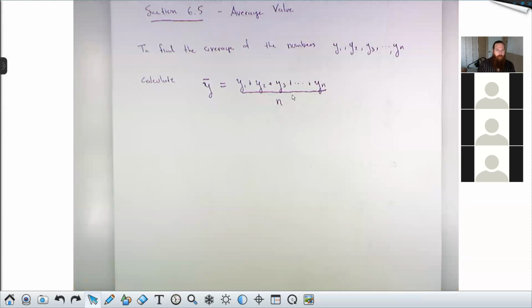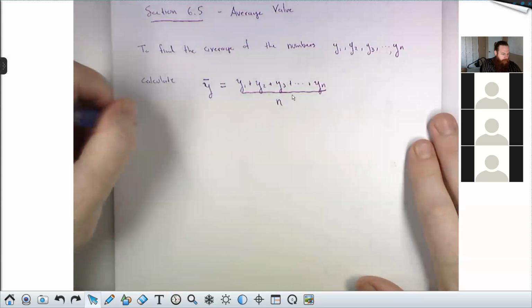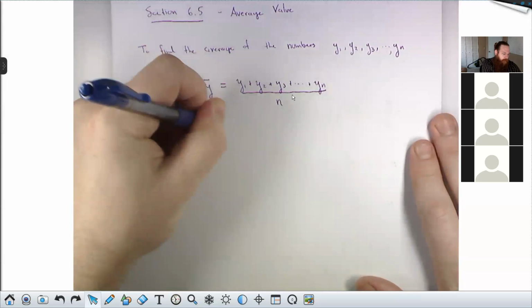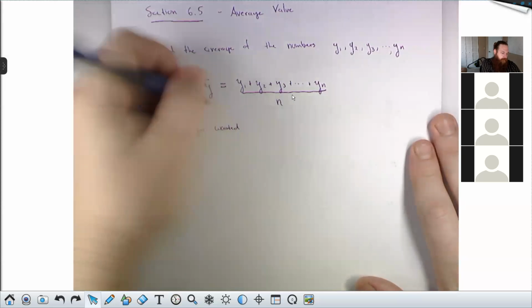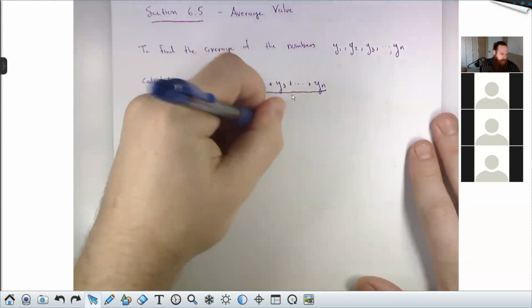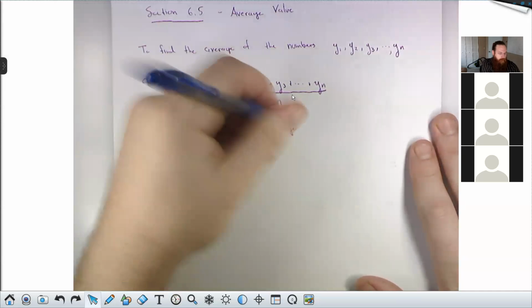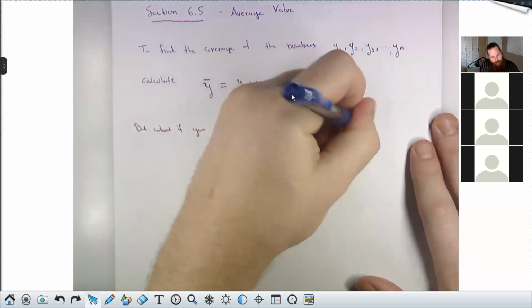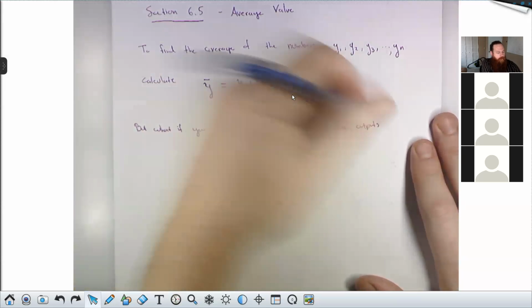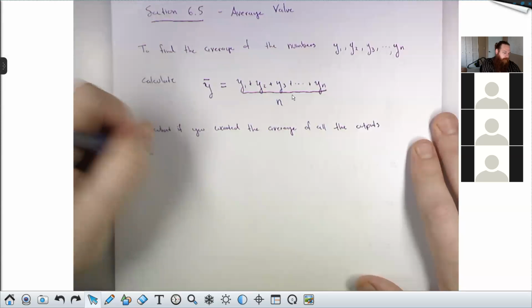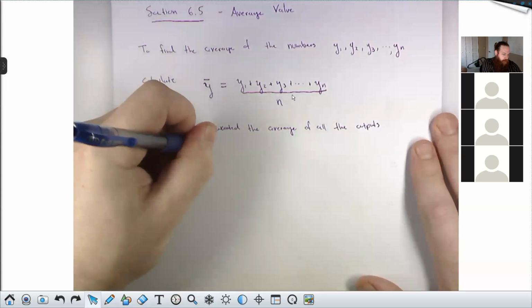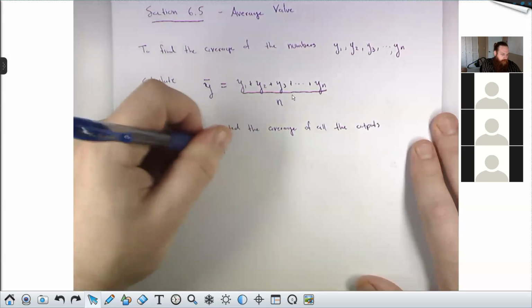And then the question becomes, well, what if you wanted the average of all the outputs of a function f of x?